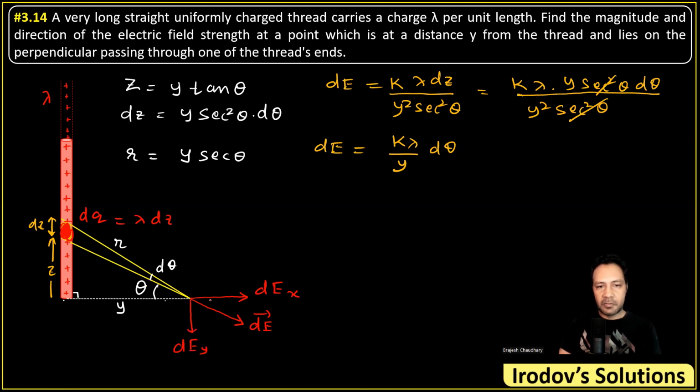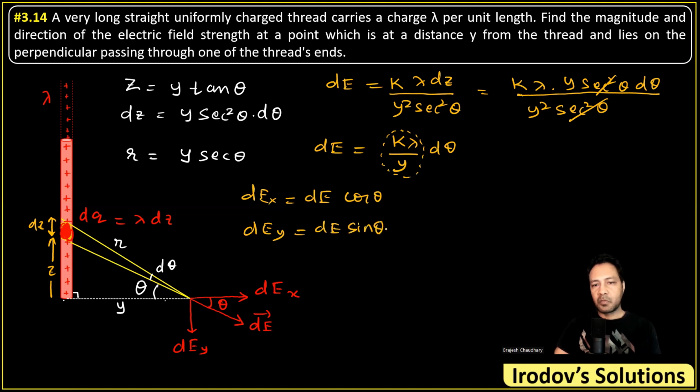If this angle is theta, so dEx is equal to dE cos theta, and this thing k lambda by y is a constant. And dEy is dE sine theta. So that will be k lambda by y cos theta d theta.